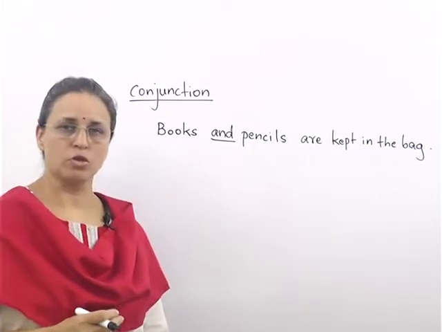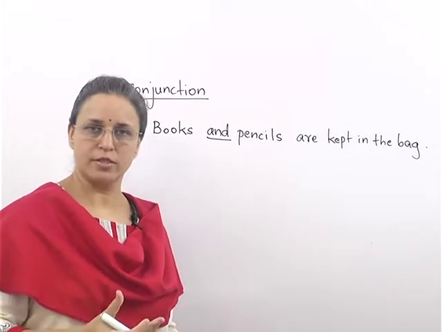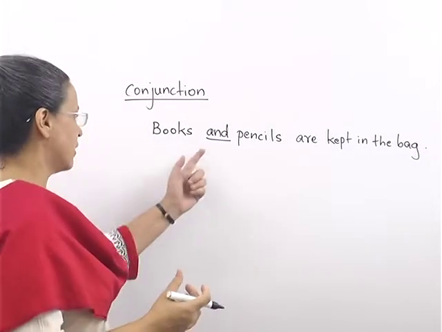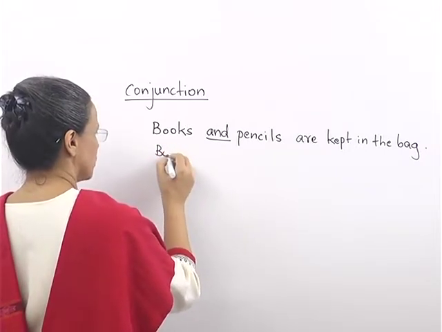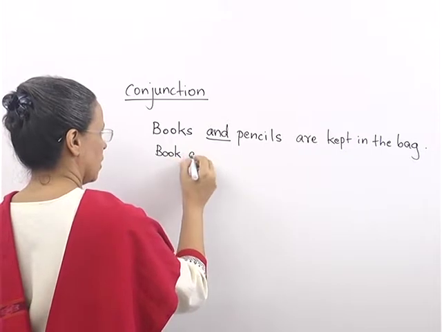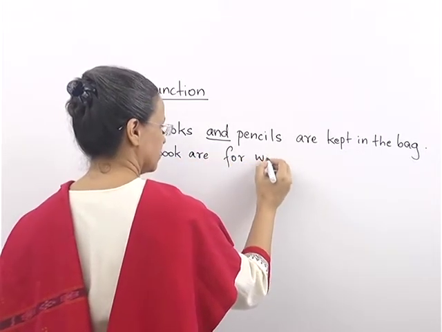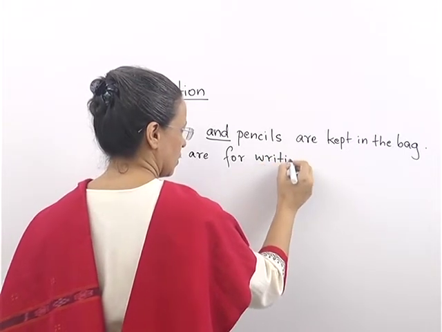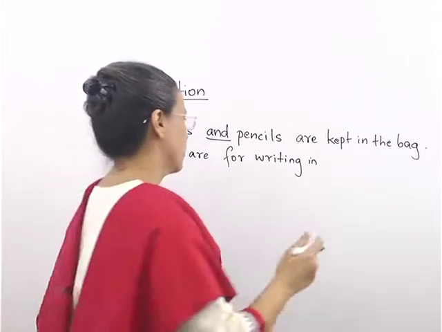But suppose we want to join two parts of a sentence or two different sentences, even then we can use and. For example, books are for writing in. That means we write in the books.